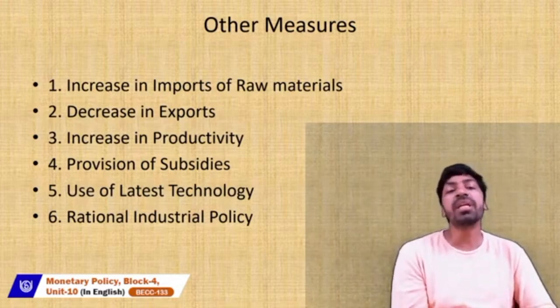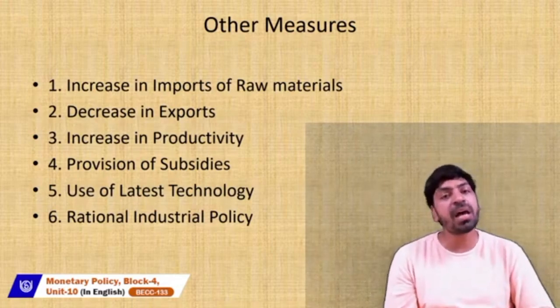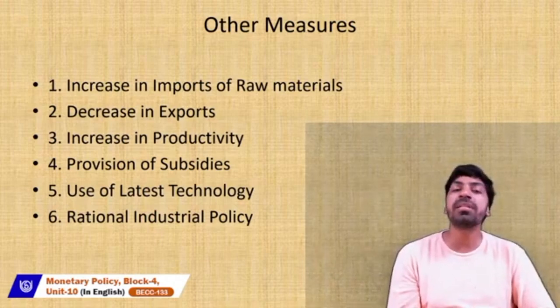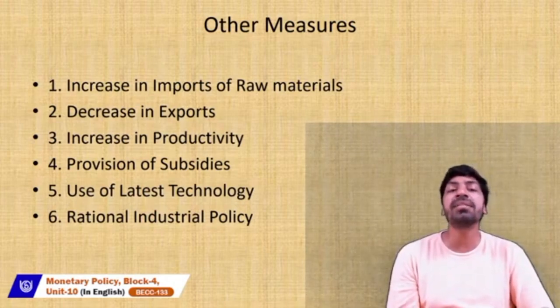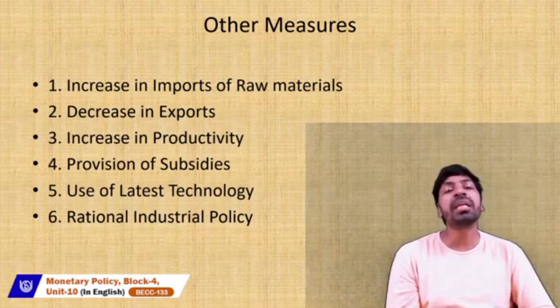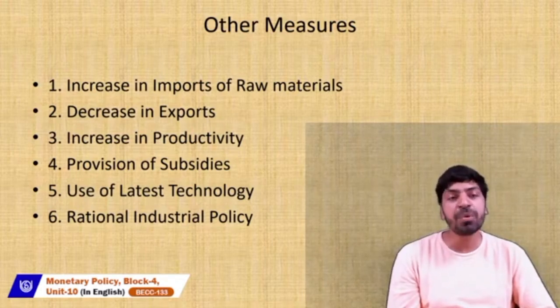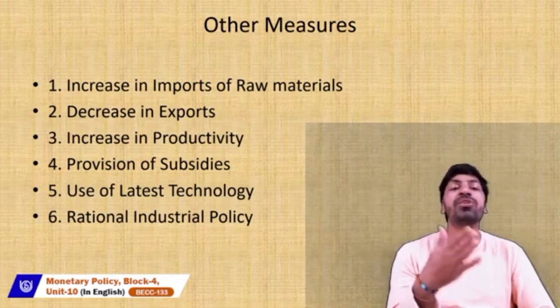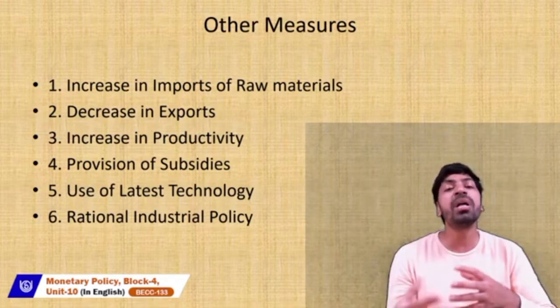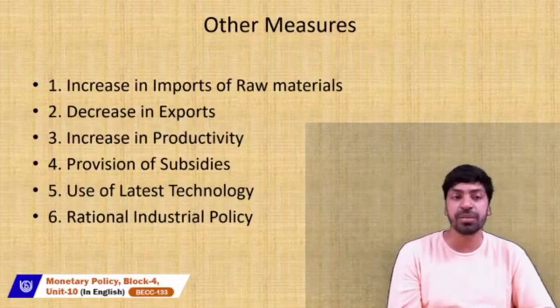If there is a decrease in exports, that could also be done through the fiscal policy, because the fiscal policy has the capability to decrease exports, and automatically a situation of recession could be controlled.